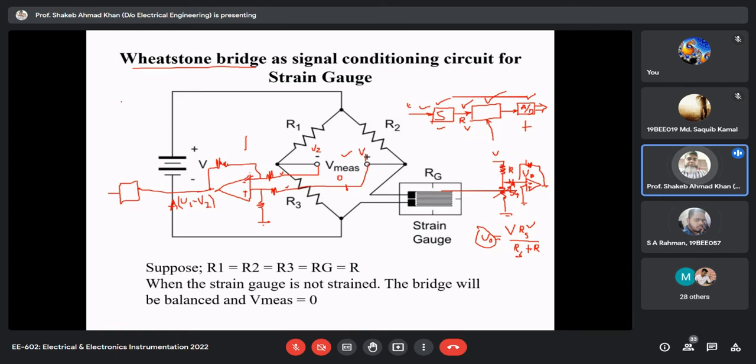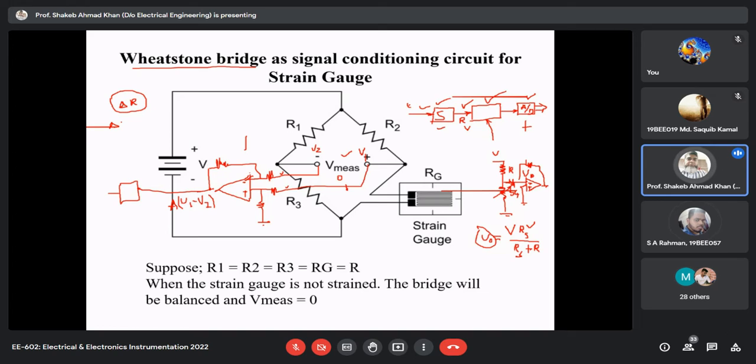Fractional change means both are the same thing. Delta R is the change in resistance, but generally we don't take it in absolute terms, we take it in normalized terms.